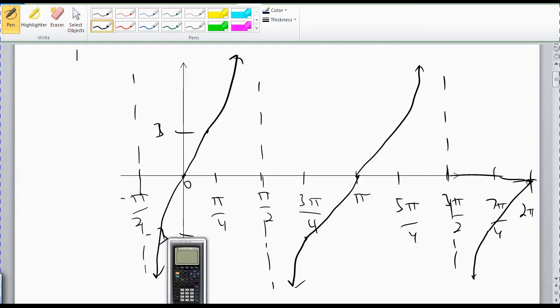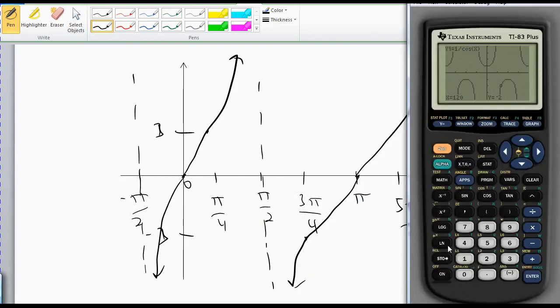And once again, we can always take out our calculator. And remember what this graph is. This graph is y equals 3 tangent x. And once again, we're just going to verify a few things. Pi fourths is the same as 45 degrees.